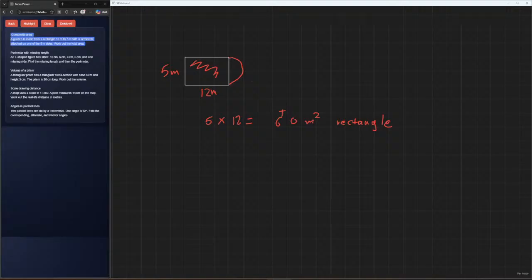So now when I have a full circle, I do pi r squared, if it makes sense.